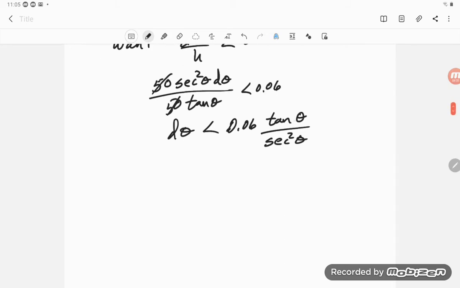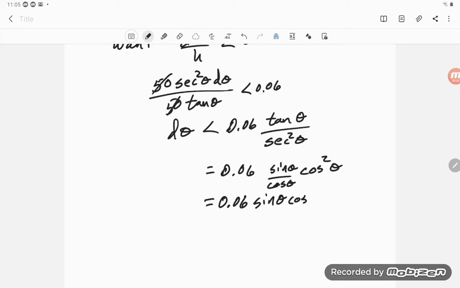Now I've got a sine theta over cosine theta from the tangent, and secant is 1 over the cosine, so 1 over the secant is the cosine. So then I have cosine squared theta here. And so this is 0.06 sine theta cosine theta.